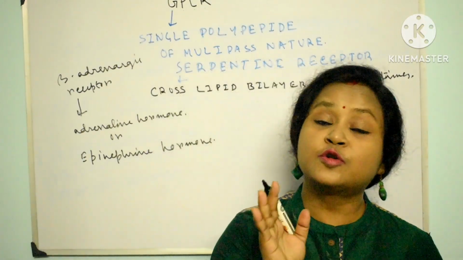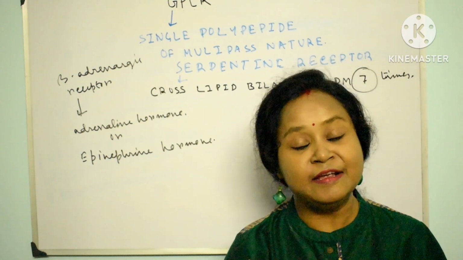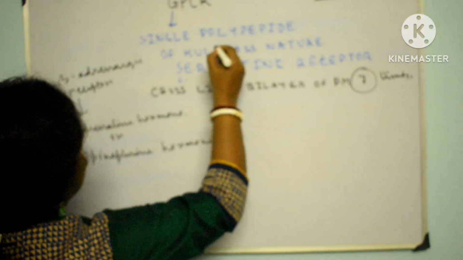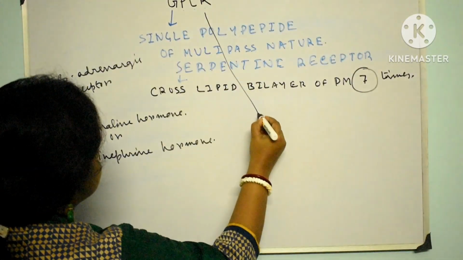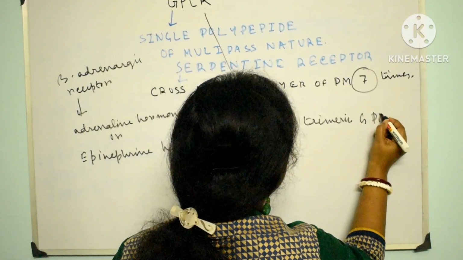Normally, GPCRs are linked to trimeric G protein.